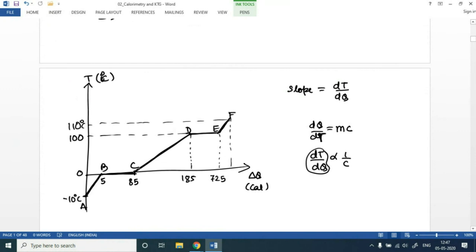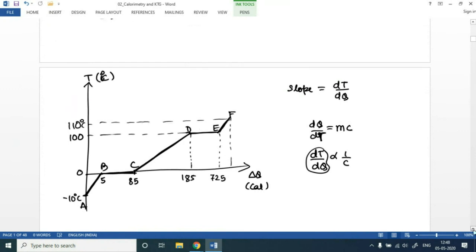But you can see the specific heat capacity of water, for example from C to D, is double the specific heat capacity in the cases of AB and EF. The slope of line CD would be half that of AB, you should realize, okay? So that is one thing over here.